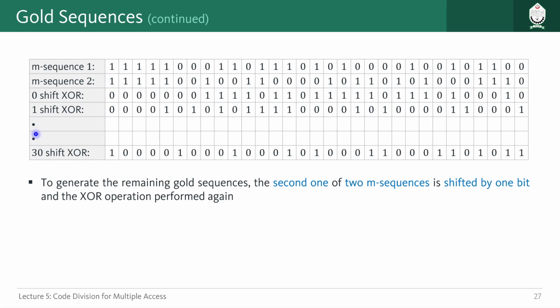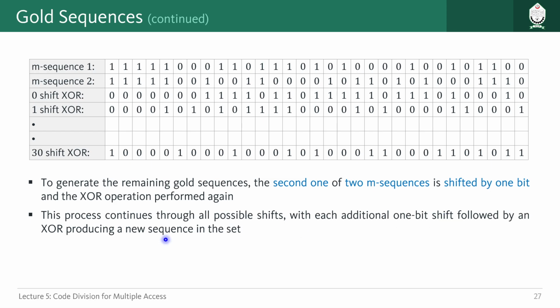Then for 2 shifts, then for 3 shifts, like this, for each of these shifts we get a new gold sequence. And that can be done up to 30 shifts, because 31 shifts will return the exact identical sequence we started with for M sequence 2. So we have to stop at 30 shifts. That is the basic idea of how we can generate multiple gold sequences from this particular circuit.